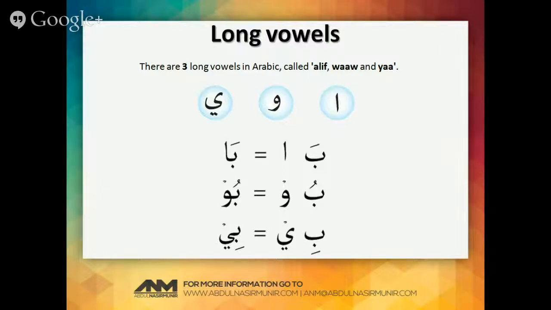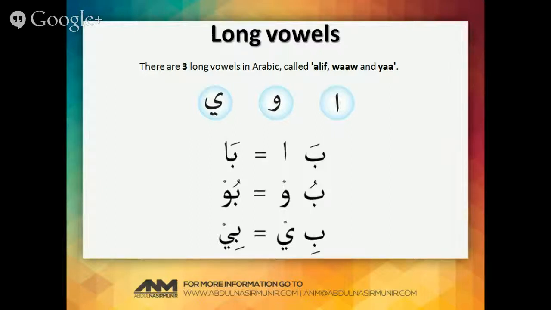Then we have the word on the left hand side, boo. Then on the third line, be. Now these 3 words, ba, boo, be, have 2 harakat, 2 movements.